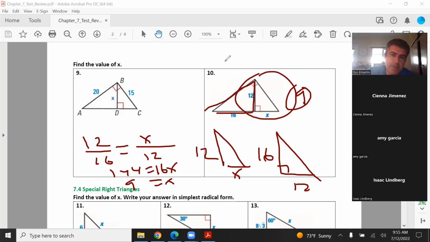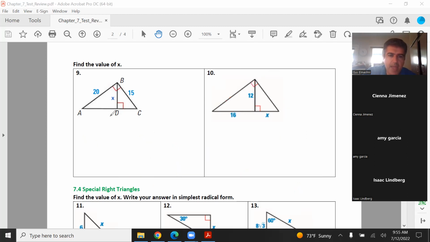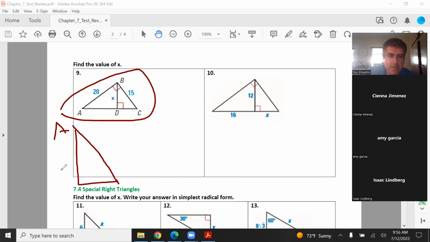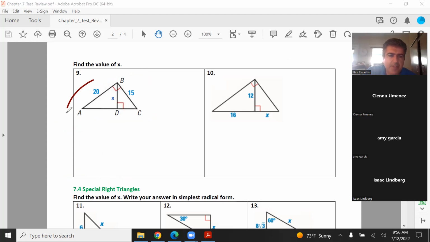This one's a little tricky, but you can do something similar. What you'd have to do is look at the big triangle, ABC. That's actually, am I right in doing that? No, I'm wrong in doing that. Let's look at this triangle. My bad. ADB.